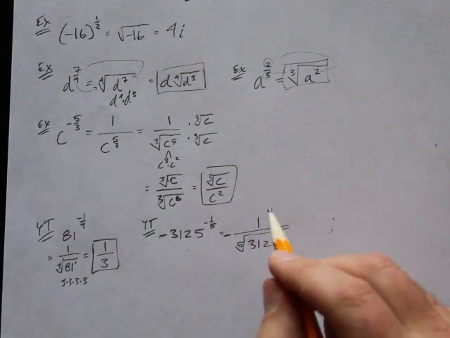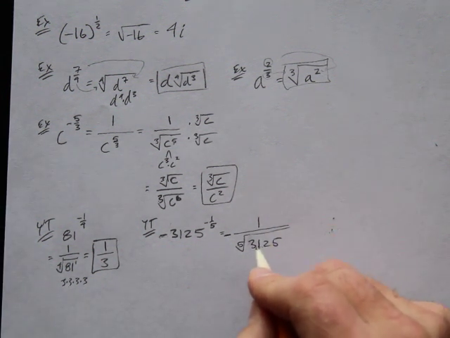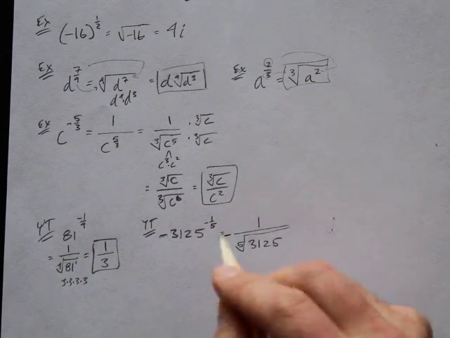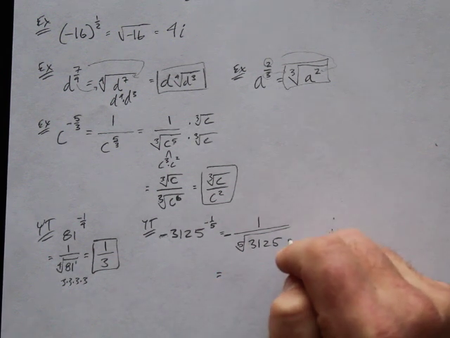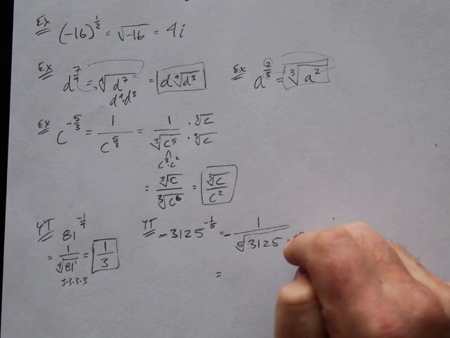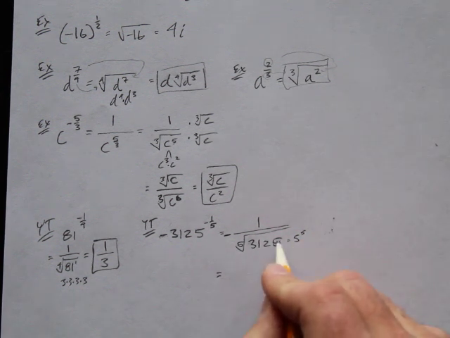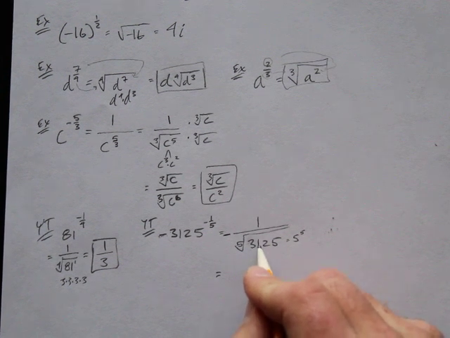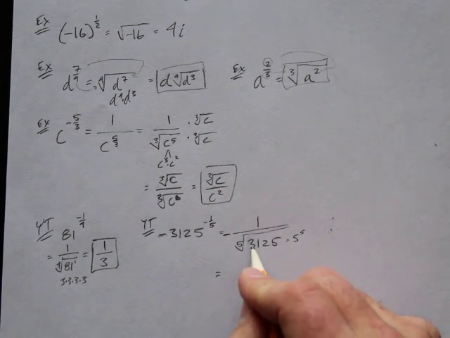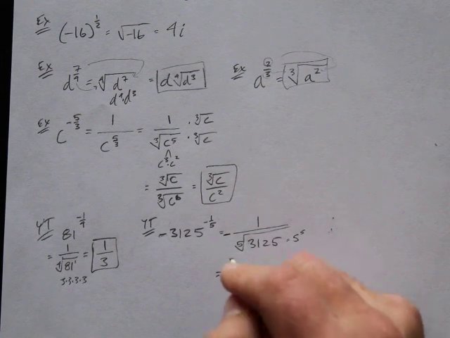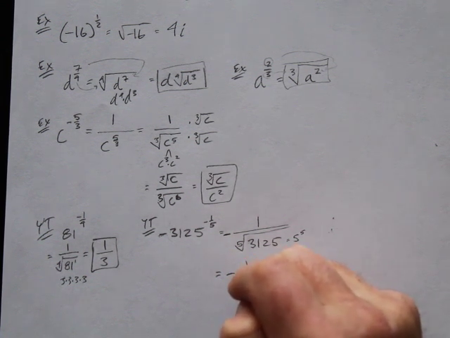Okay. So the 5th root of 3125 is 5. So this is 5 to the 5th power. So the 5th root of 3,125 is 5. Negative 1/5 is your answer.